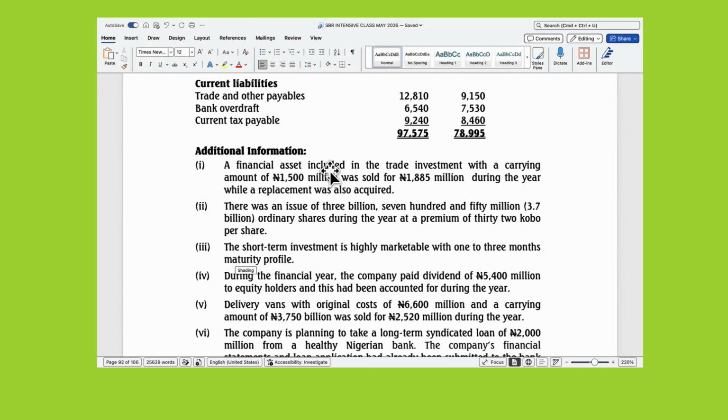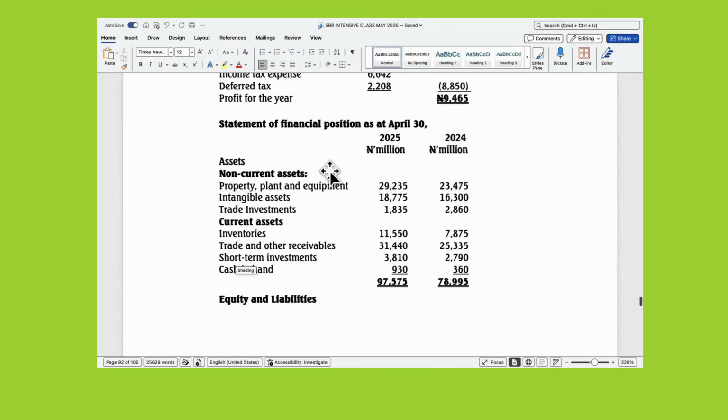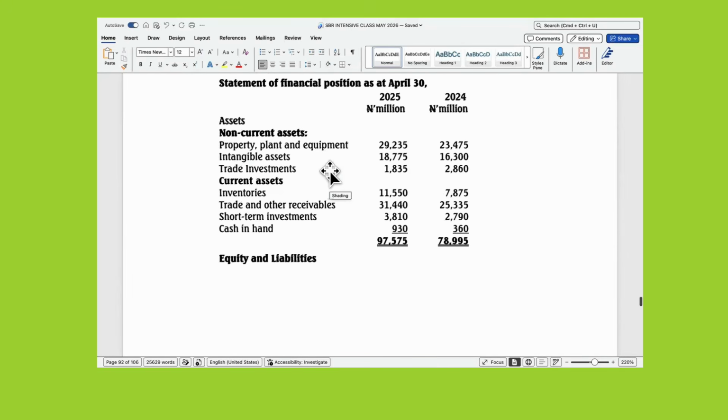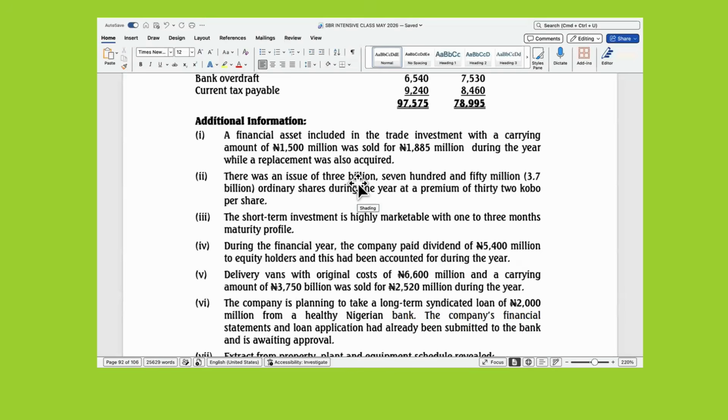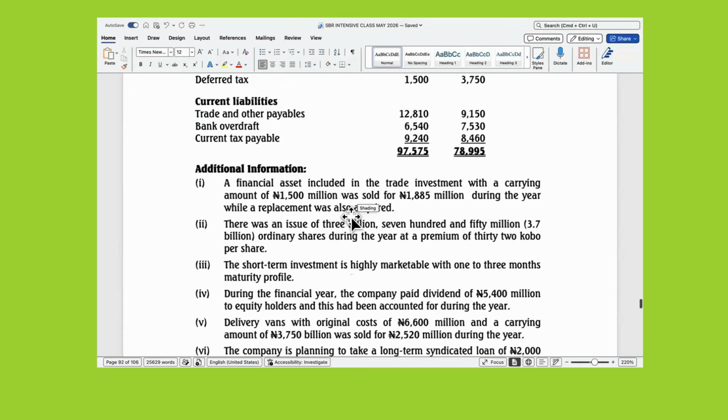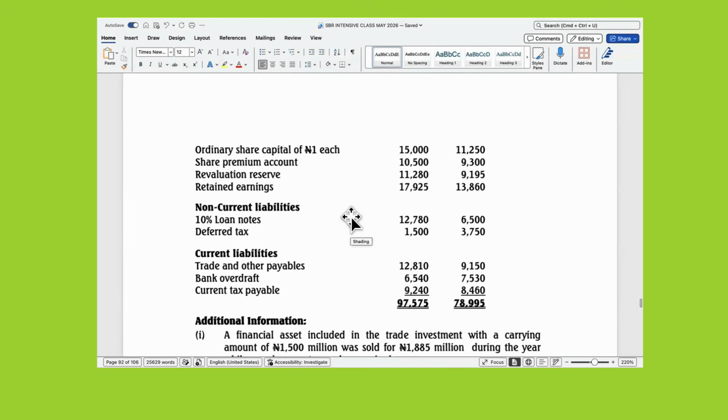So all this additional note 1 is telling us is just explaining the movements in the trade investment, so that when you are capturing your movement, you know what's in between. Note 2 talks about an issue of 3,750,000,000 ordinary shares during the year at a premium of 32 kobo. What this is talking about is just that there was an issue of shares, which explains the movement in share capital and share premium.